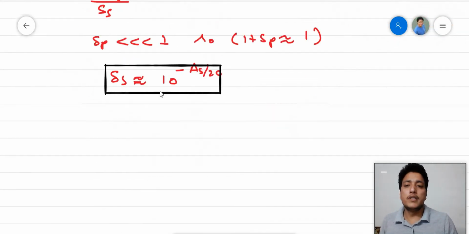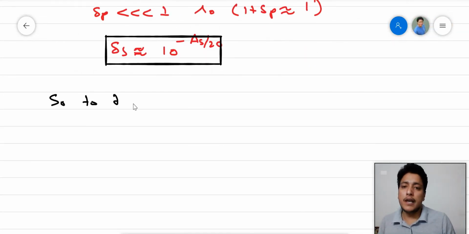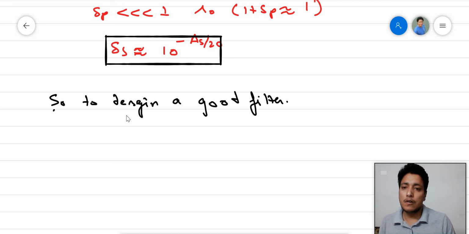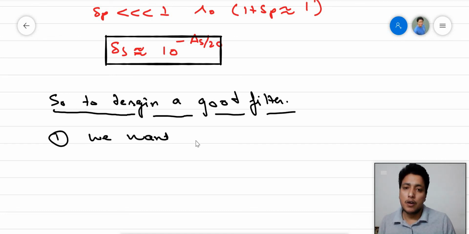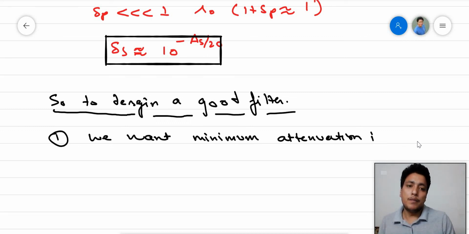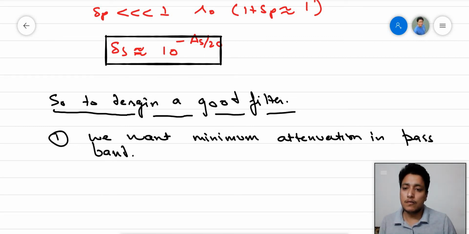So to design a good filter, we want minimum attenuation in the pass band. So AP should be equal to 0.